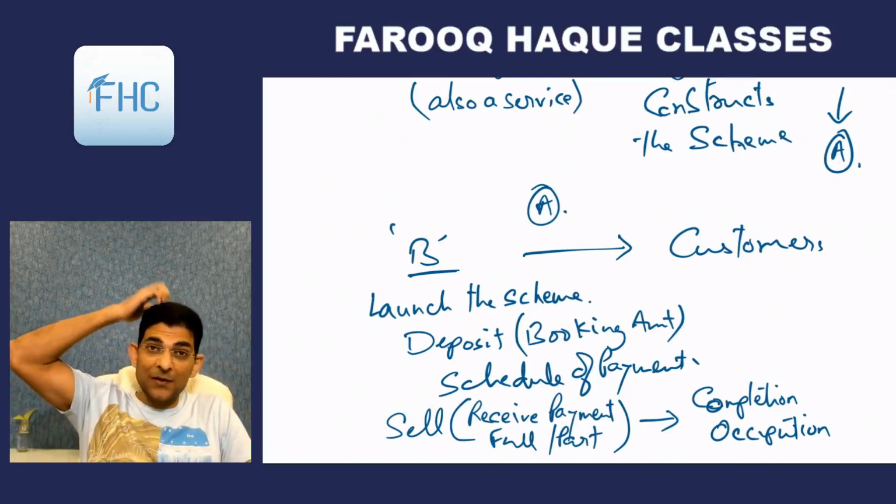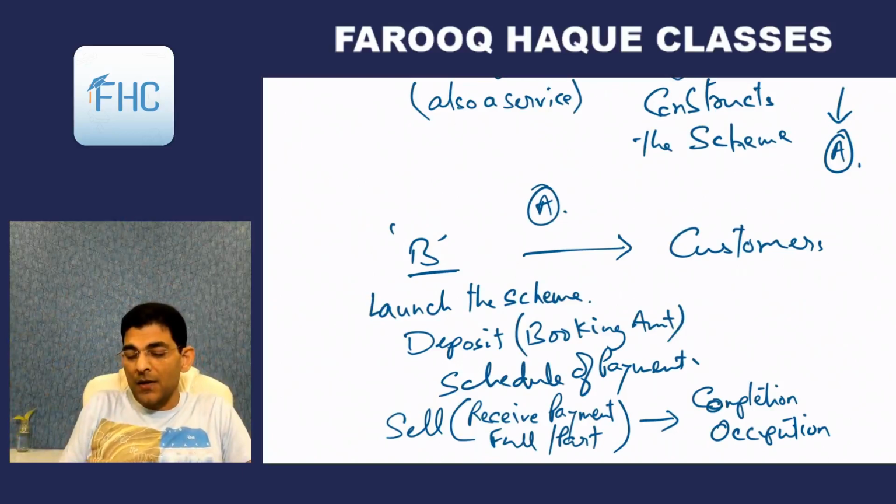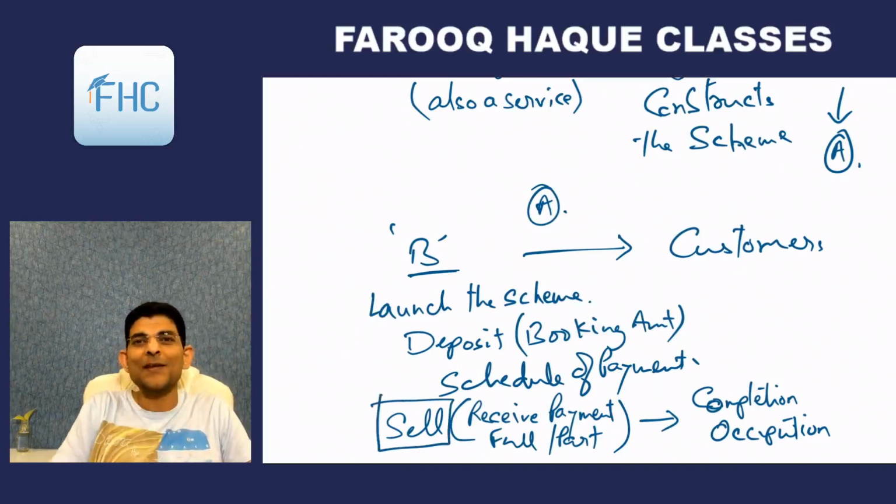Now the question is, why this distinguishment? It's very simple. Even though you are selling it, the sale takes place when the building is not existing today. So there is an agreement to sell entered into between me, the builder, promoter, and the buyers, and then I keep constructing it.